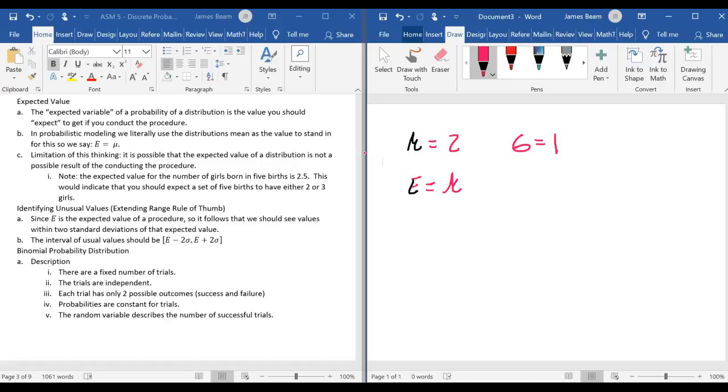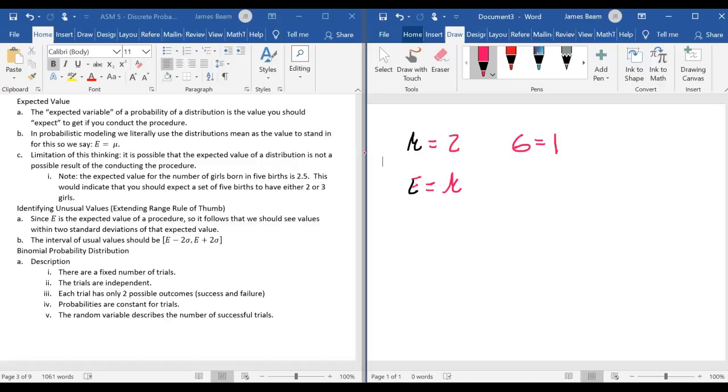There's a slight problem here. If you were to do the procedure, what is the value that you would expect to get for the random variable? Well, if you have the probability distribution for 5 births, the mean for that probability distribution is 2.5 girls.